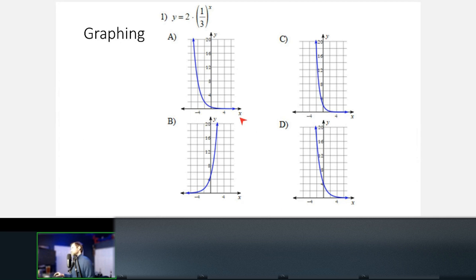So using what we know about the equations, the A value for stretching, the B value for growth or decay, the H for horizontal shift, the K value for vertical shifting, looking at A, B, C, and D without using Desmos, all of you should be able to look at this and determine which one is the correct graph. Now, looking at this equation, which graph can't be the right answer and why?